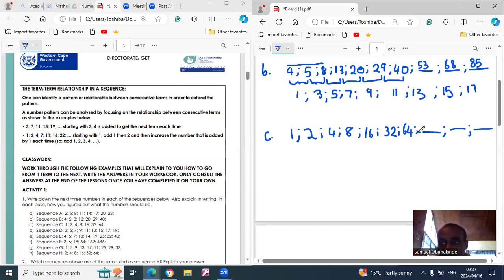So the next term will be 64 times 2, and that gives 128. The next term will be 128 times 2, and that will be 256. The next term will be 256 times 2.